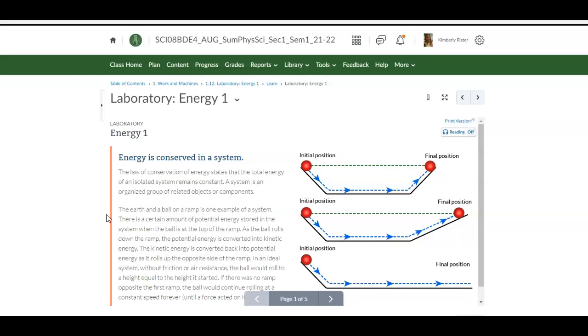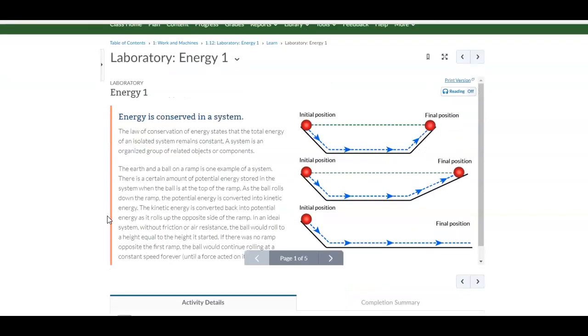There is a certain amount of potential energy stored in the system when the ball is at the top of the ramp. As the ball rolls down the ramp, the potential energy is converted into kinetic energy. The kinetic energy is converted back into potential energy as it rolls up the opposite side of the ramp. So if you look at the example here, we have high potential energy and low kinetic energy.